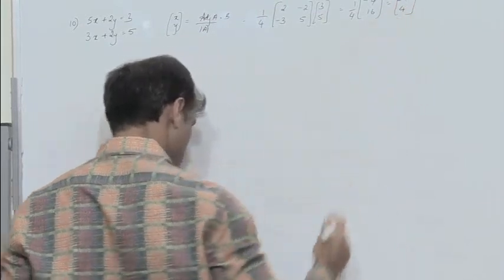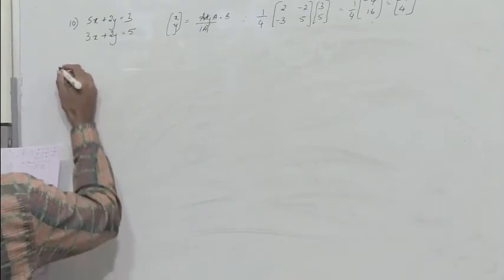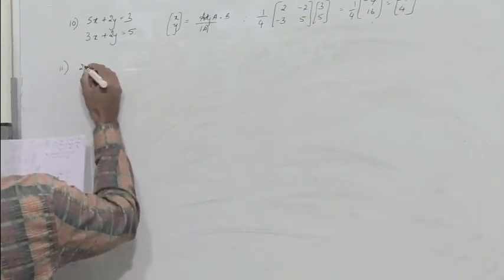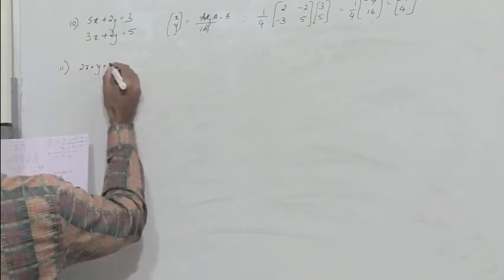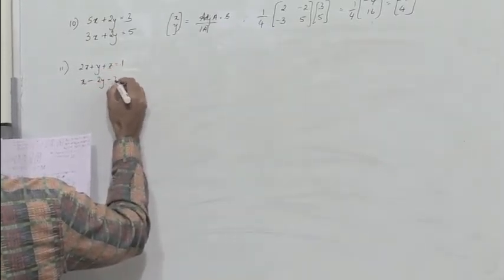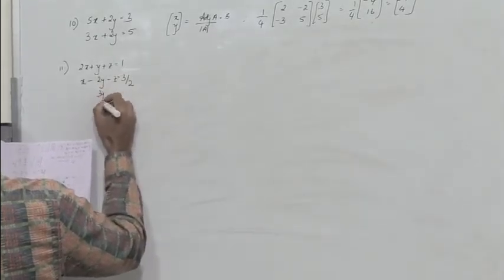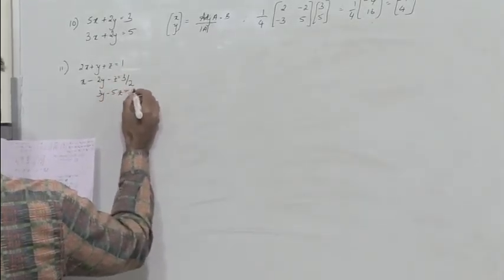So x is minus 1 and y is 4. So moving on with the next problem. 2x plus y plus z equal to 1. x minus 2y minus z equal to 3 by 2. And 3y minus 5z equal to 9.